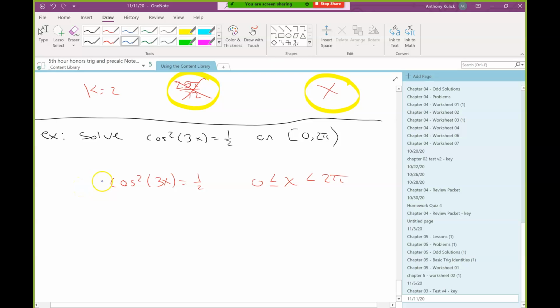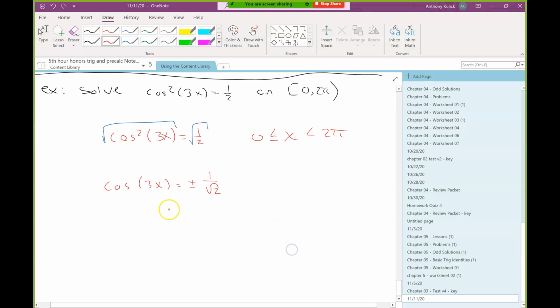So, same idea here as the previous ones. We'll start by square rooting both sides. Because we generated a plus or minus, we're going to split that into two separate equations.